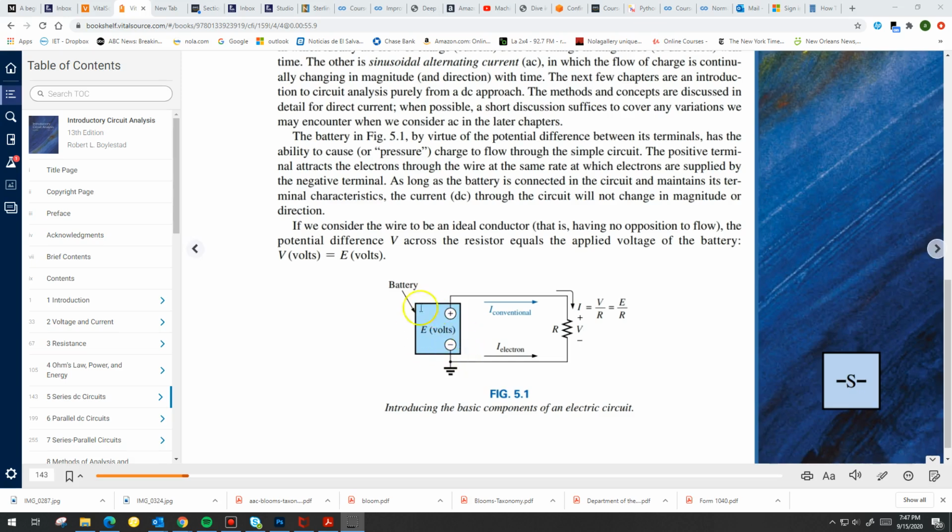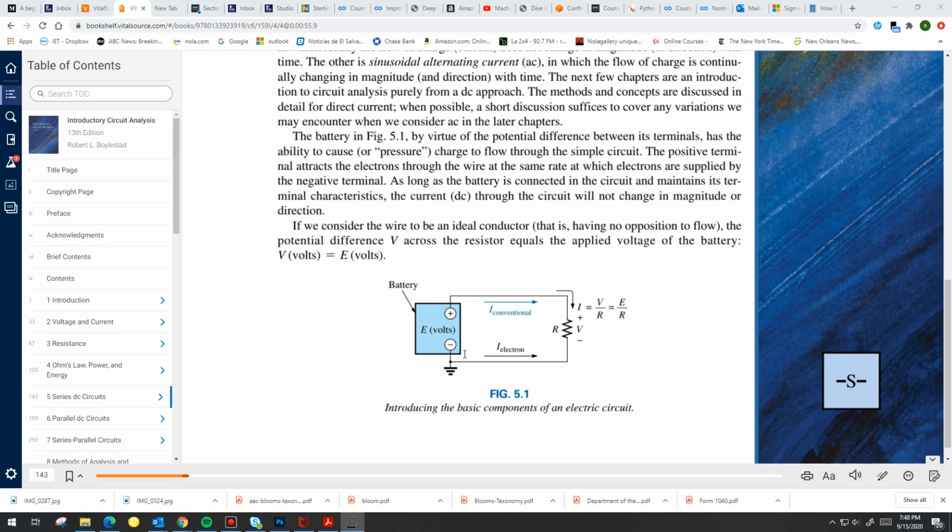If you remember, this battery is what pushes those electrons out of the battery towards the resistance through the connection of the wire. You'll notice here that there are two current indicators. We have the normal electron flow of current that we are physically more familiar with.